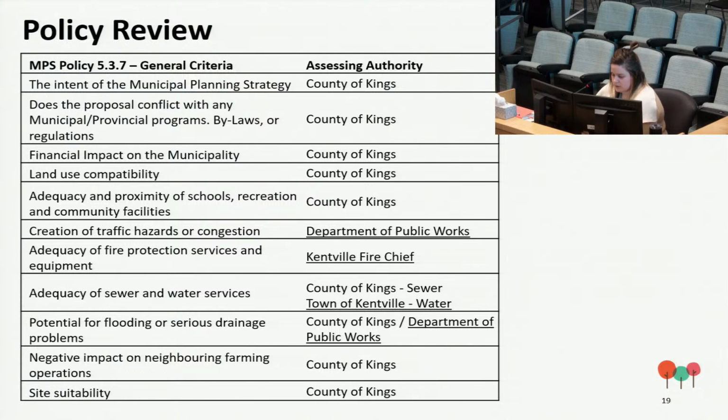The town of Kentville was consulted in regards to water services and no concerns were raised. The stormwater management plan will need to be submitted for consideration at the time of subdivision of the land, and the Department of Works will also consider sizing of a new culvert in the drainage ditch when access permits are applied for. Staff consider the site suitable for the proposal based on its grade.